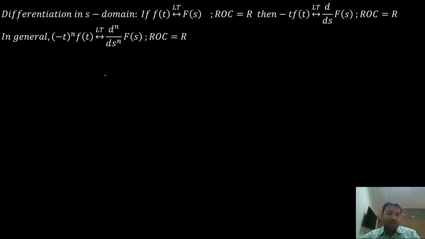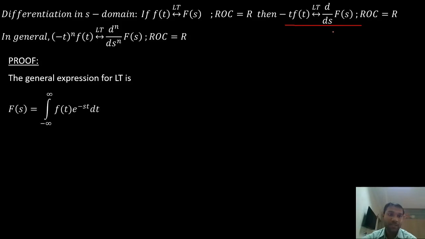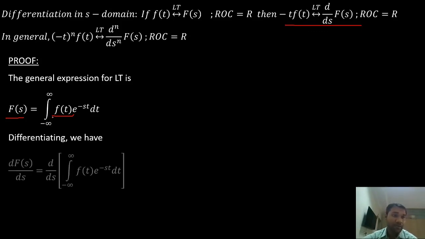The next one is differentiation in S domain. So what happens to the Laplace transform pair? Let me take the Laplace transform expression and we'll just differentiate my f of s. If I differentiate on both sides, what will I get? d by ds of f of s is equal to d by ds of this entire term.